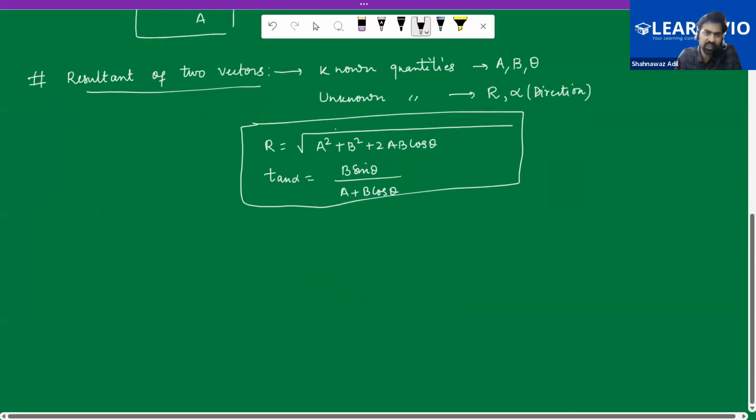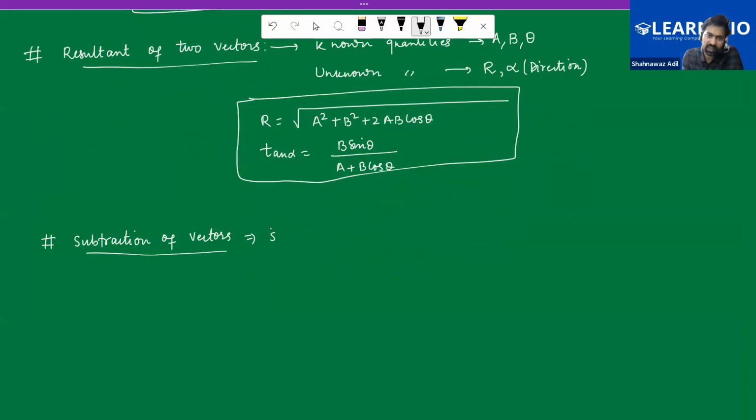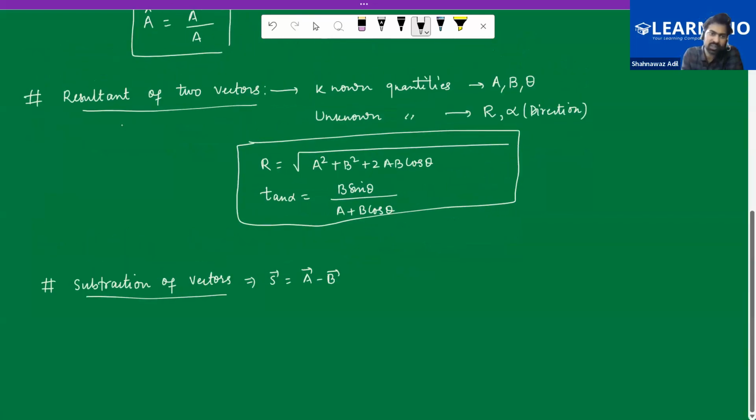And then we studied the subtraction of two vectors. Right. So we studied that, let's say we have a vector which is the subtraction of two vectors, and this was what? So this was the resultant, which was A plus B. Right. And then we find R and this direction.